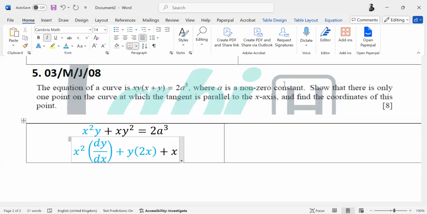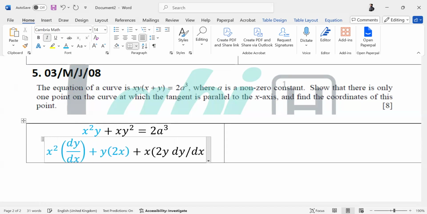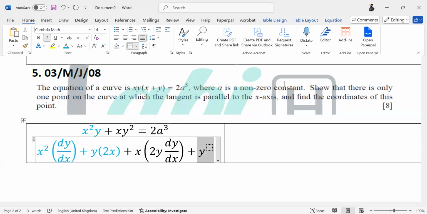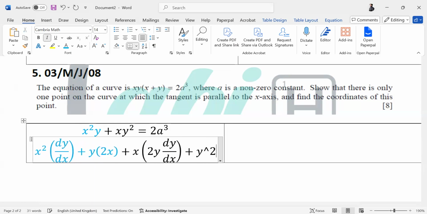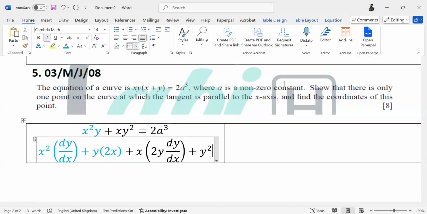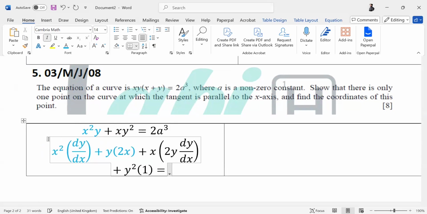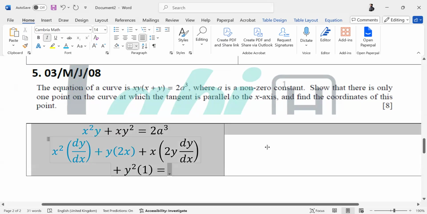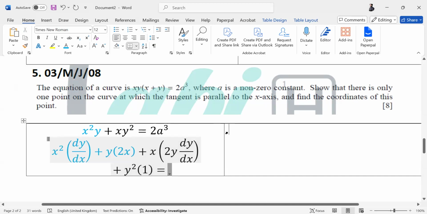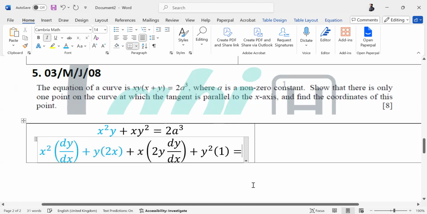Yes, the derivative of y square is 2y dy by dx, and for y square to multiply by the derivative of x is 1, and for 2a cube, what will be the derivative of 2a cube?